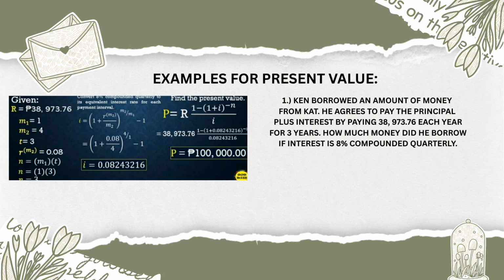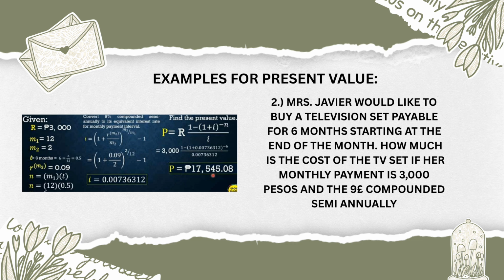And for the substitution, P equals 38,973 pesos and 76 centavos times the fraction 1 minus 1 plus 0.082432216 raised to the negative third power over 0.082432216. And the total is P equals 100,000 pesos. And for this example, basically the methods, the given, and the formula that you're going to use are the same as the previous one.